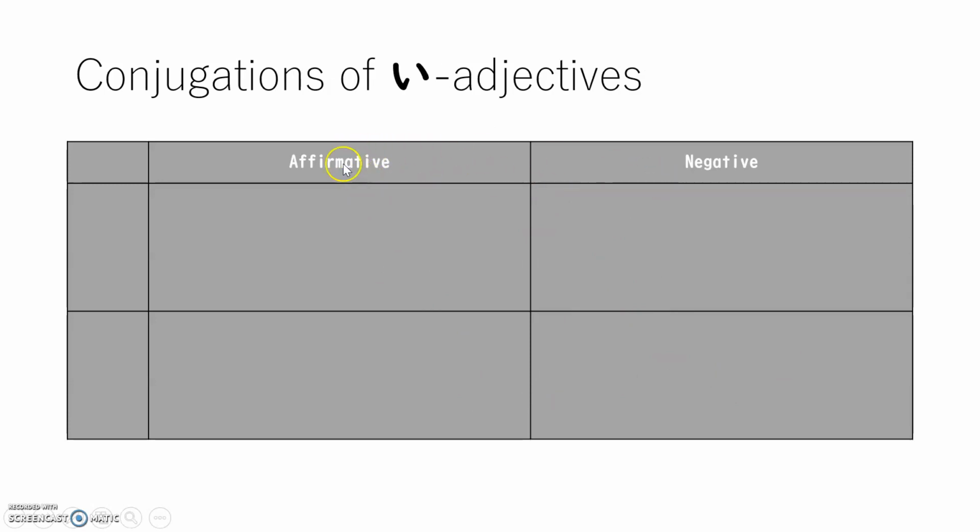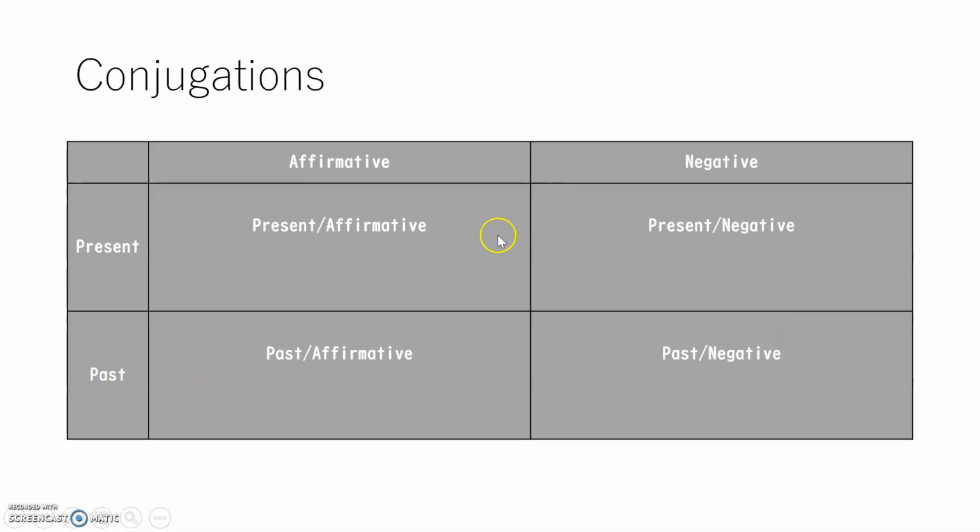So the columns are going to be affirmative on this side, negative on this side for the conjugations of i-adjectives. Any ideas what's going to be on the rows? We're going to have present on top and past on bottom. So we end up with a grid where we have present affirmative here, present negative here, past affirmative, and then past negative.